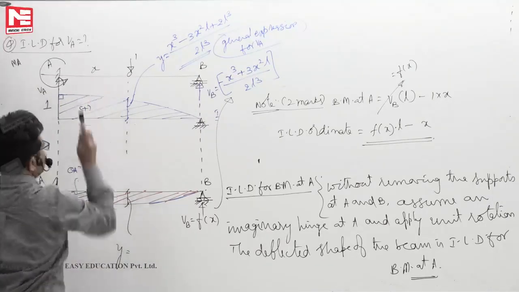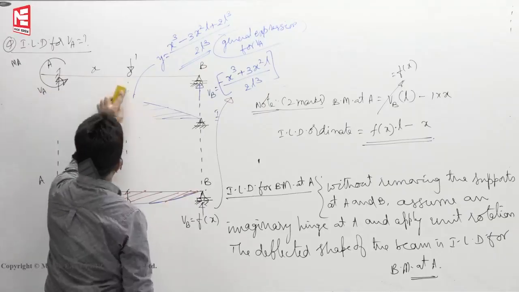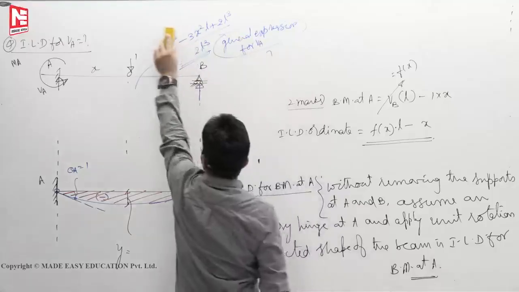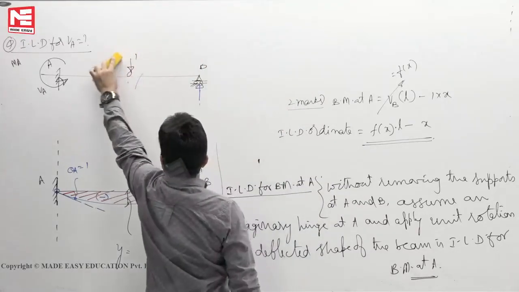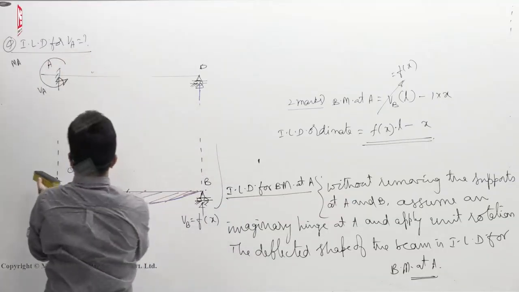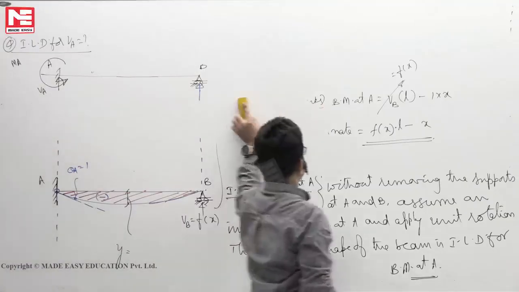Now I will draw the ILD for shear force at any section C. This I remove. This is our last point.